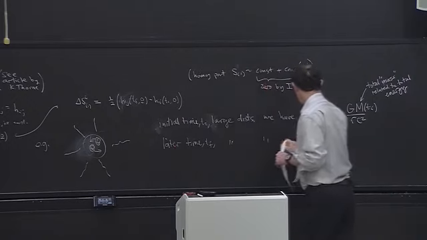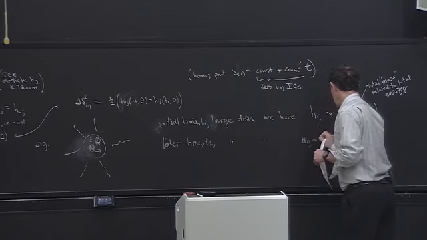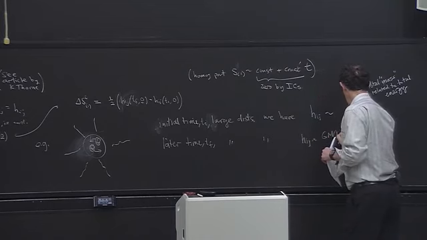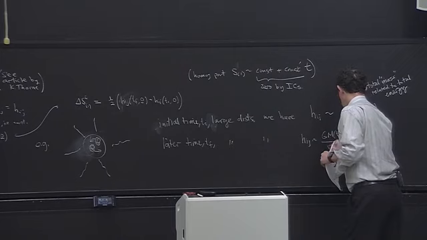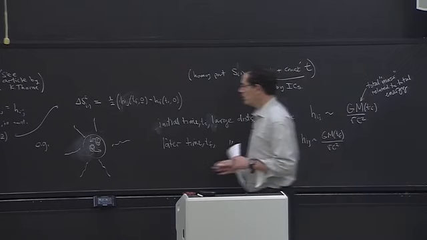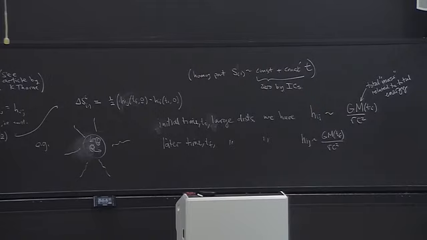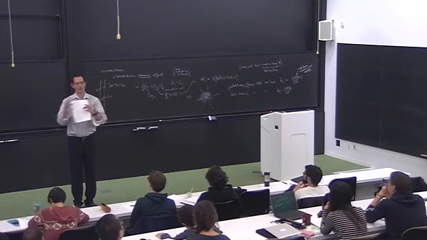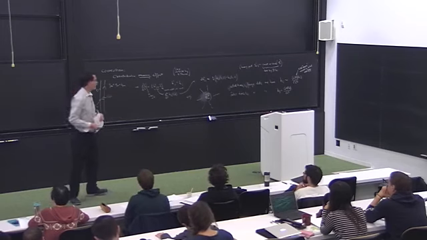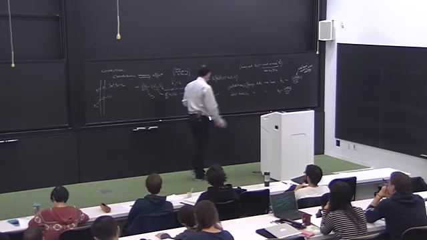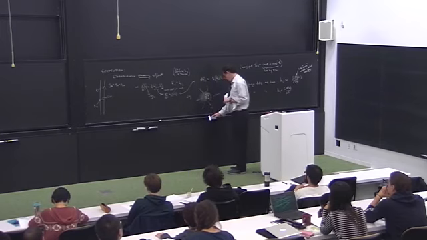At large distances, H_ij goes like G M of T_f over R c squared. And what we argued is that these gravitational waves carry away energy. That was this funny argument where you take the nonlinear term in the Einstein tensor and put it on the right-hand side of the Einstein equations. And that's the energy in the gravitational waves.